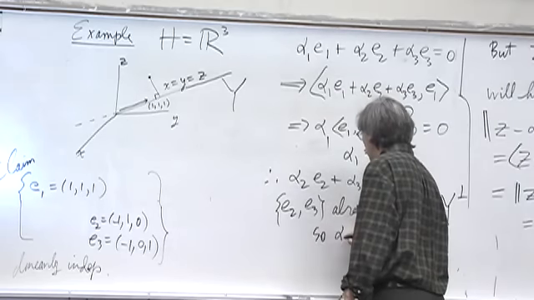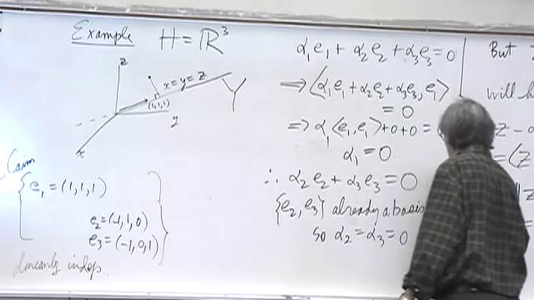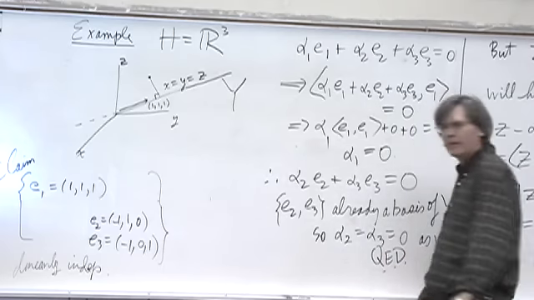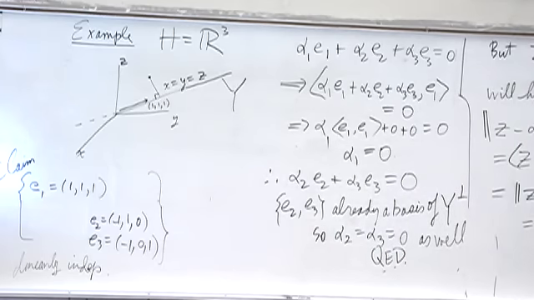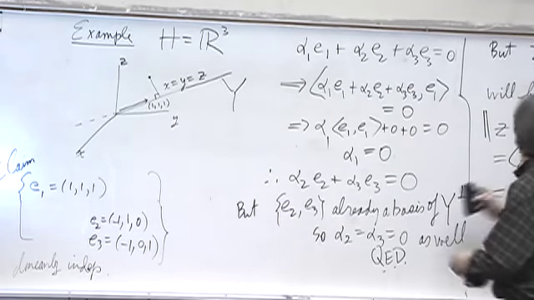So alpha 2 equals alpha 3 equals 0 as well. QED. So that's how you could work that out.